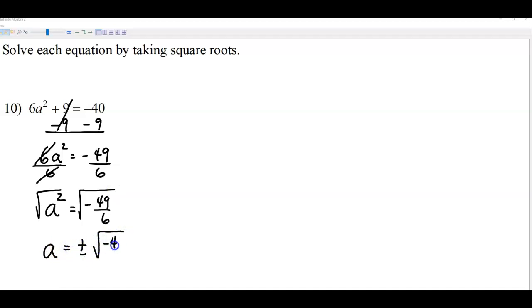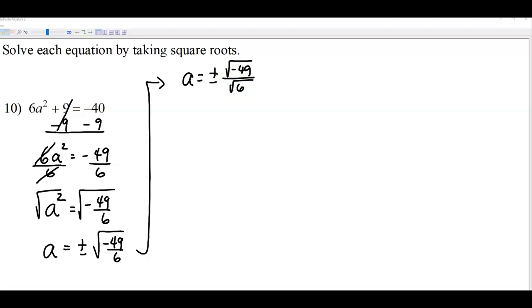Okay, so this one's going to be a little bit more work to simplify at this point. First of all, once again, we're going to separate that into 2 separate square roots. Square root of negative 49 over the square root of 6.